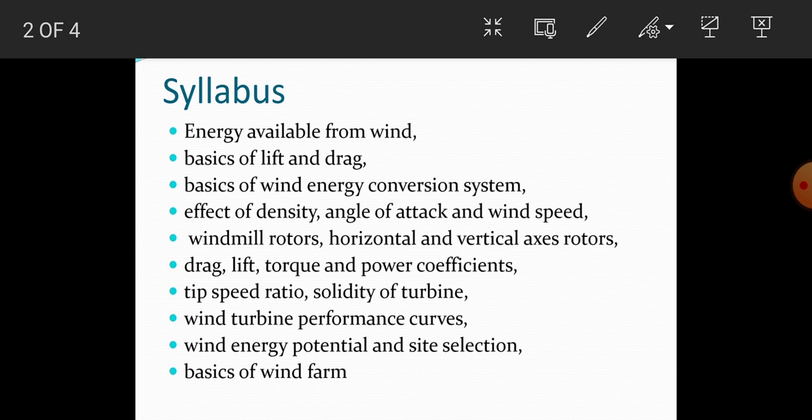Also, spinning of the Earth about its axis produces a Coriolis force which is responsible for deviation of air currents towards the west. The global potential in winds for large scale grid connected power generation has been estimated as 9,000 trillion watt per year.